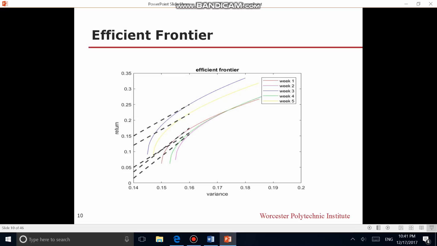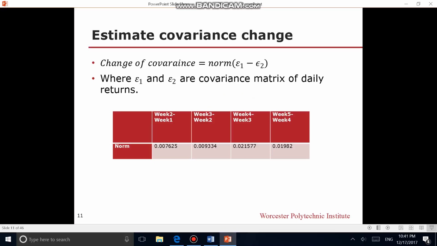We do efficient frontier calculation, and the curve is the efficient frontier, and the line is the tangency portfolio line. So we can see that from week 1 to week 5, we have an overall increasing trend. And we also estimate the covariance change.